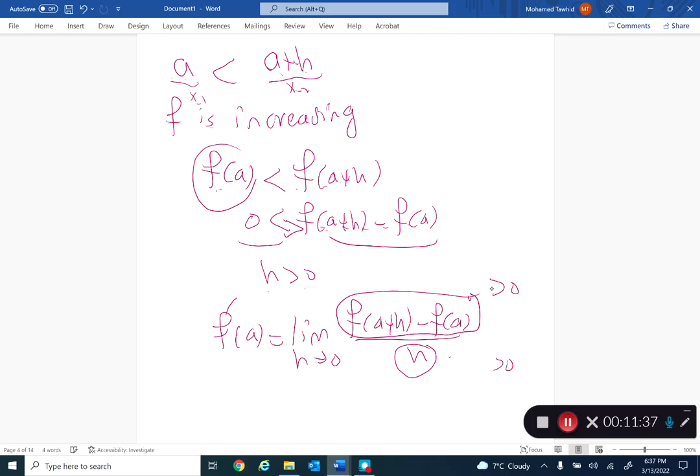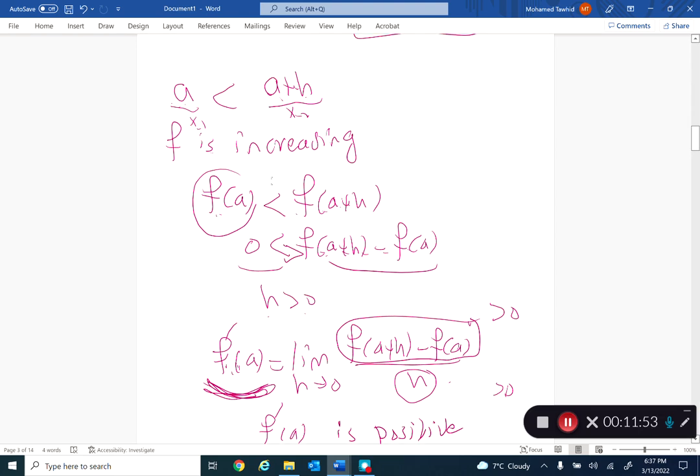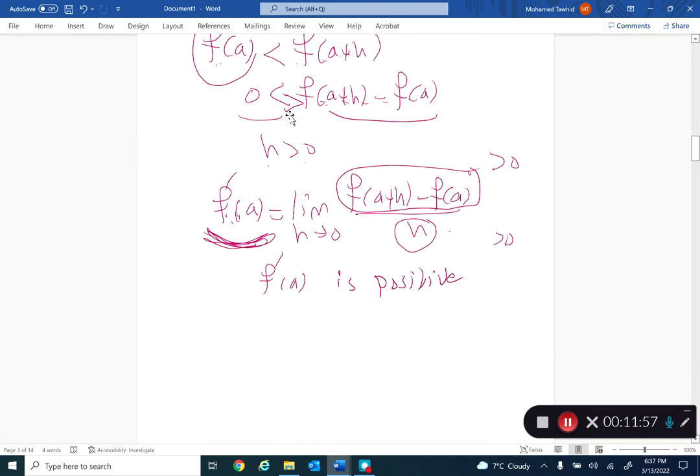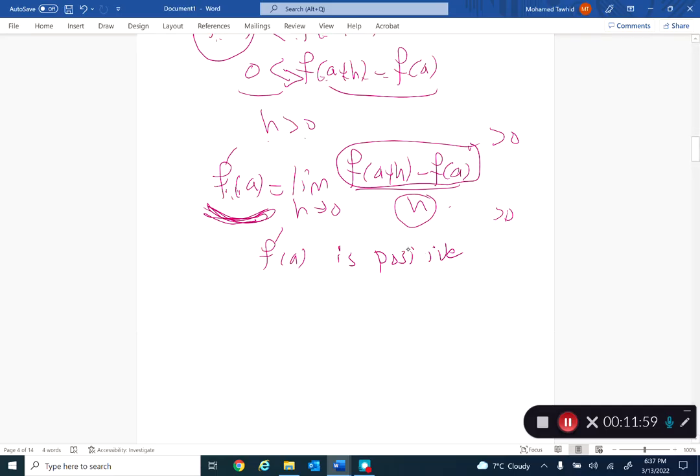So positive over positive gives you your derivative, your slope, is positive. f prime of a here is positive. So I start when f is increasing, and I end up with the derivative being positive.